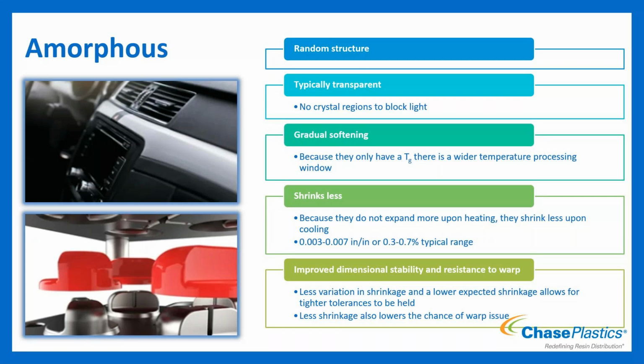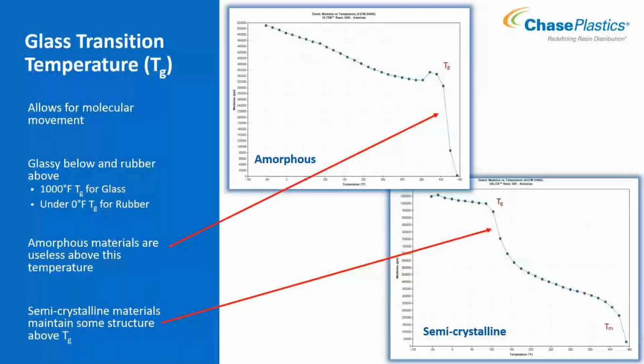Okay, so I mentioned some of the thermal transitions just a little bit when I mentioned TM. Now we're going to talk about TG a little bit. It's kind of a lot to take in, but your glass transition temperature, you'll see them on some materials. If you look on data sheets, they'll tell you the TG of the material. What happens is when you start to warm up to it, or you're starting to get to it or go beyond the glass transition temperature of the material, there's enough thermal energy there now that the molecules can start to move.